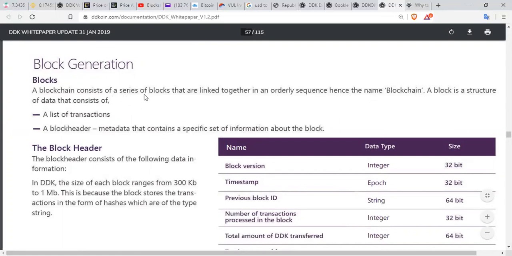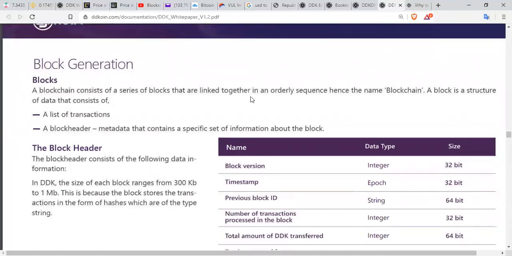Kaya sabi nga natin, pag nagkamali ka ng transaction, hindi na pwedeng balikan because those blocks are already generated, and you will be requiring all the stakeholders or all the miners linked to this particular blockchain na sama-samang balikan yon if may mga pagkakamali.